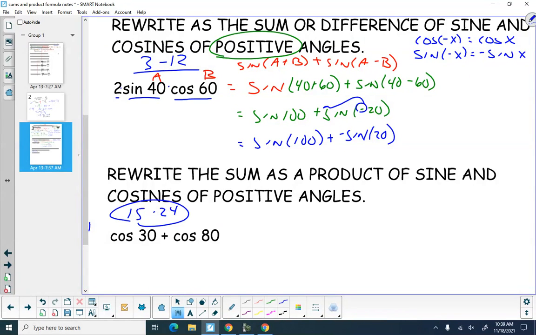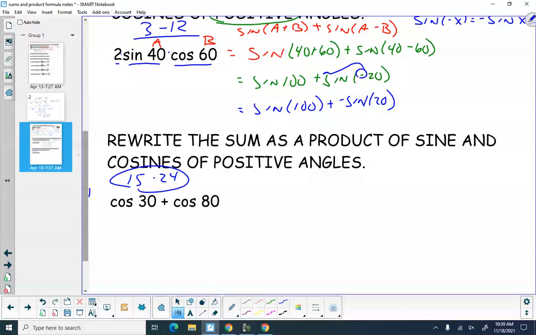Problems 15 and 24 are going to look like this. Rewrite as the sum of products of sine and cosines of positive angles, or rewrite the sum as a product. So we're starting with a sum, we're going to a product. So we're looking for one that looks like cosine plus cosine on the right-hand side. Cosine plus cosine.